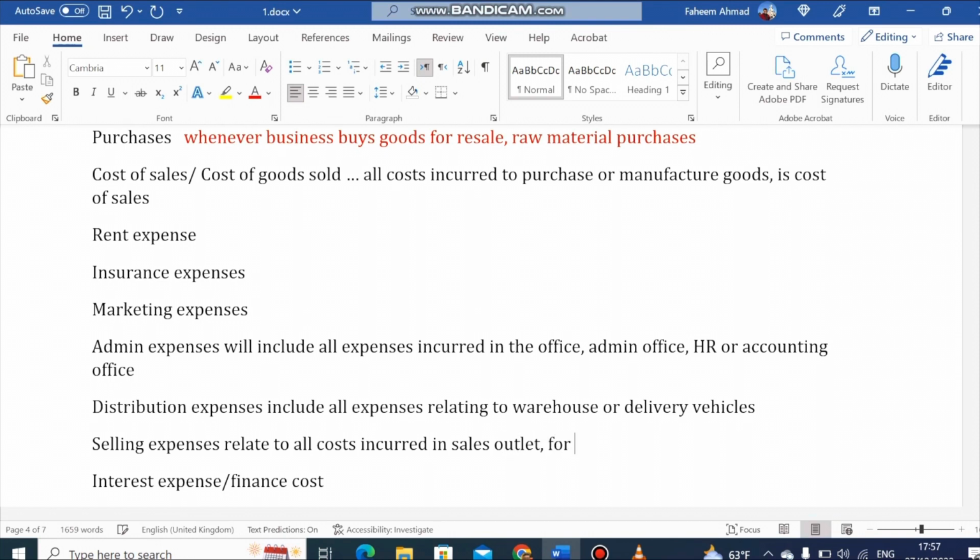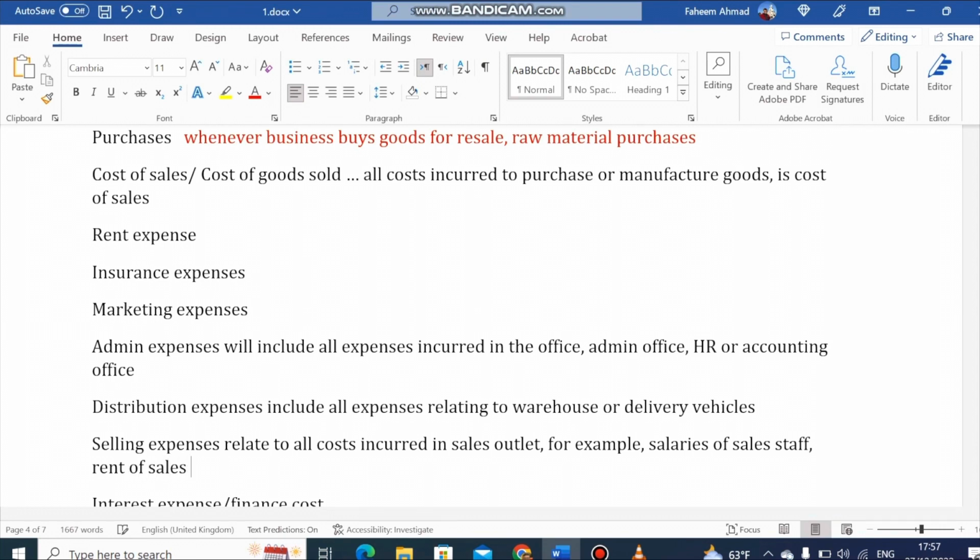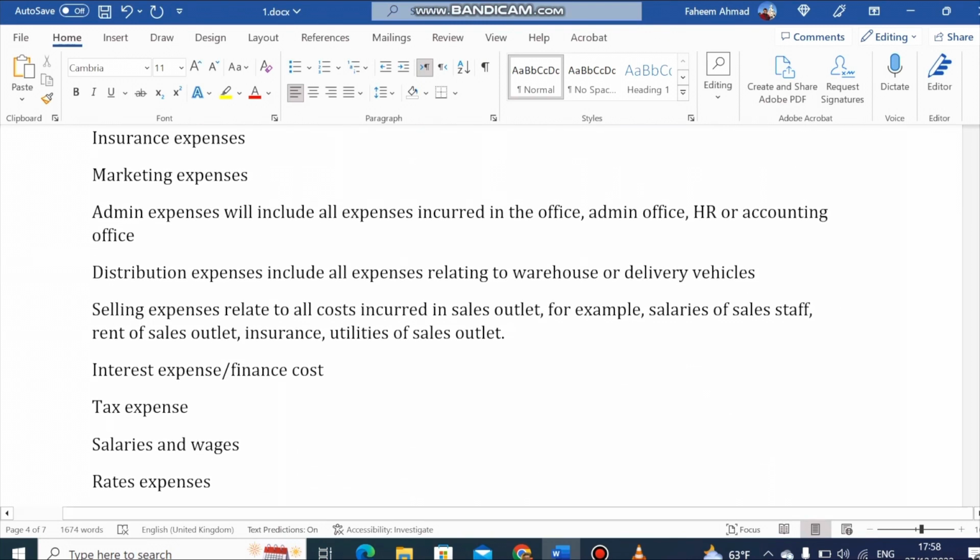For example, salaries of sales staff, rent of sales outlet, insurance, utilities of sales outlet. All those expenses will go under selling expenses.